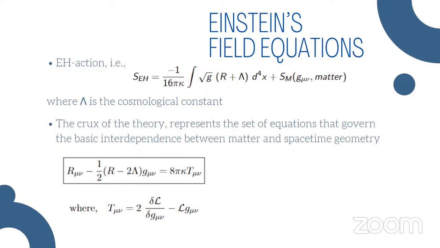To derive it, we use the Einstein-Hilbert action, that is S_EH represented here, which is obtained somewhat intuitively, but then we can tweak it according to our observations and known principles and get the final form of it, and the variational formulation gives the actual equation of motion for any particle in the space-time that we are concerned with.